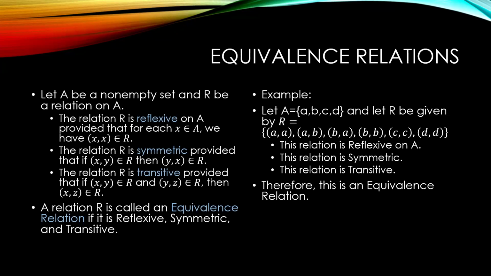Might be weird to look at, but the way that I generally think about it is, if we think of this as equality, this is saying a is equal to a, is equal to b, is equal to a, and b is equal to b. In this case, a and b are the exact same thing all the way through.